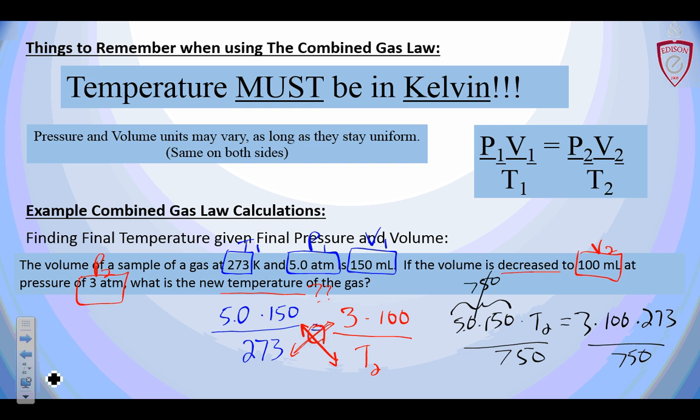That's going to cancel, and I'm going to get T2 equals 3 times 100, 300 times 273, divided by 750, 109.2 Kelvin. Kelvin is our answer there.